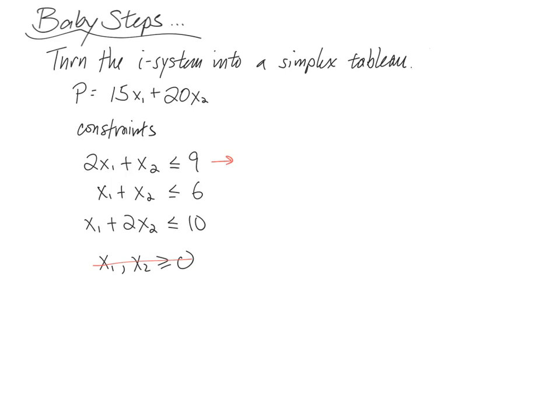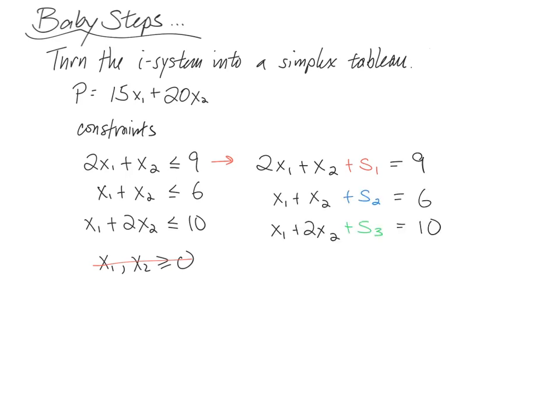So this first inequality will look like 2x sub 1 plus x sub 2 plus a slack variable 1 will be equal to 9. And we do that for the other two inequalities as well. So this is what the other two inequalities will look like as equations.